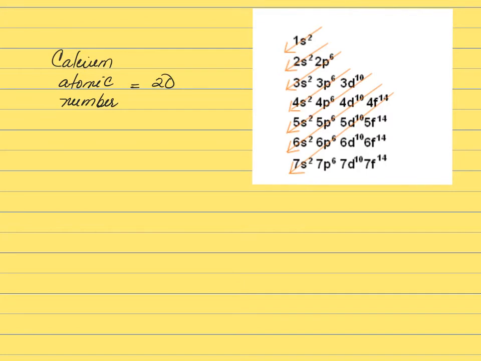See how the electrons have to do with the chemical properties, and I'm going to show you that here with this video. How is the electron configuration related to the periodic table, related to the chemical properties of the elements? And we're going to start with calcium.